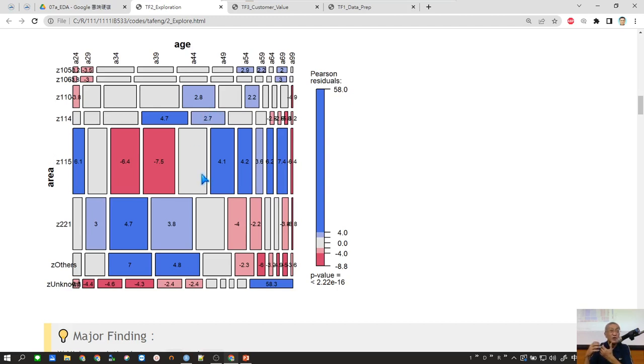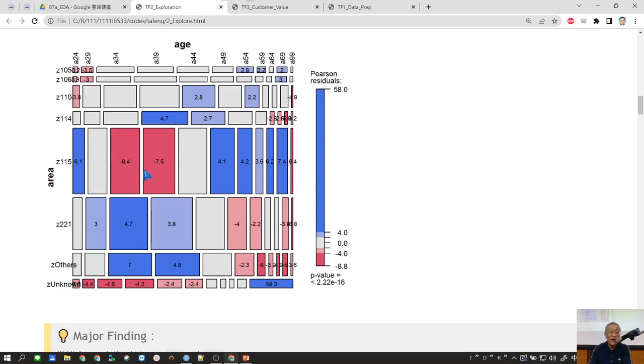The color gives you the relative comparison of the cell. I'm using this row as the example. This row is for Z115. Each box represents the size of each age group within Z115.